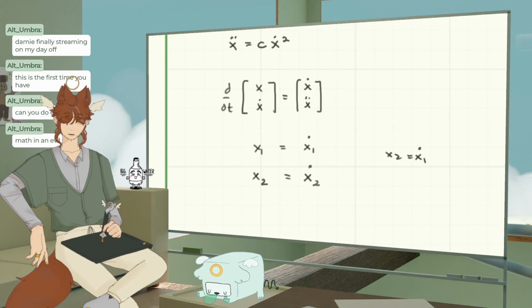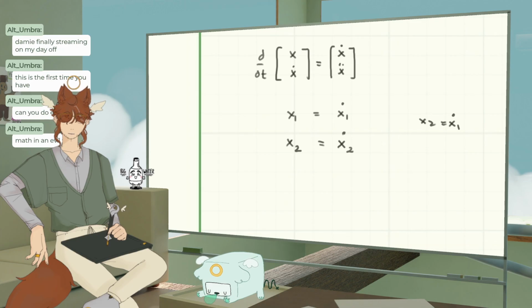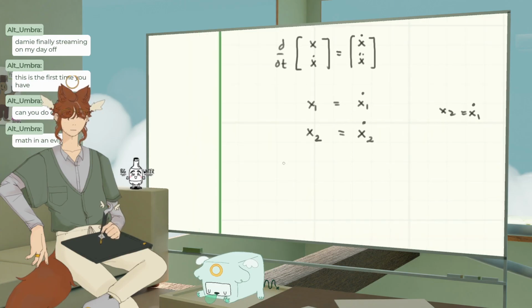So then what they say is there's a specific, so they replace acceleration. Okay, so for ours, we have x double dot equals c x dot squared.